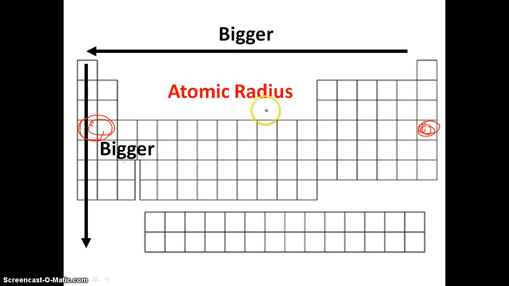So overall, this is what the trend looks like. It starts here, and it goes to this corner. So this corner up here would be your tiniest atom, and this corner down here would be your largest atom. This is the largest because it has the most rings, and because the electrons aren't as attracted or cuddled in as closely.